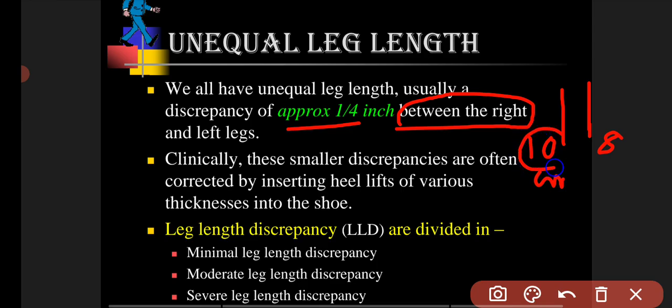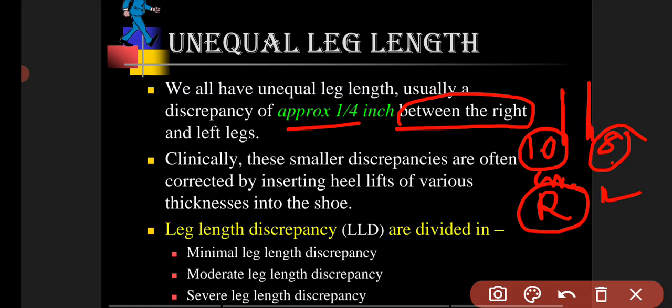So there is an approximate discrepancy. Usually it doesn't happen, but when it does, unequal leg length or leg discrepancy occurs.